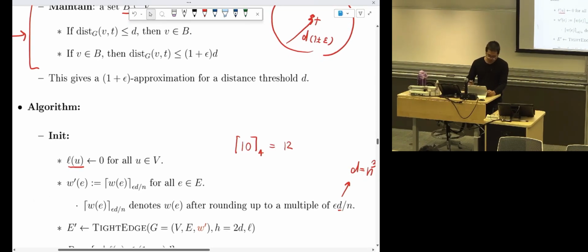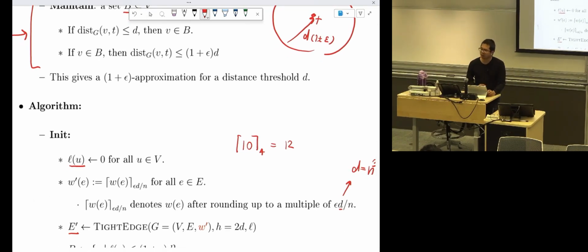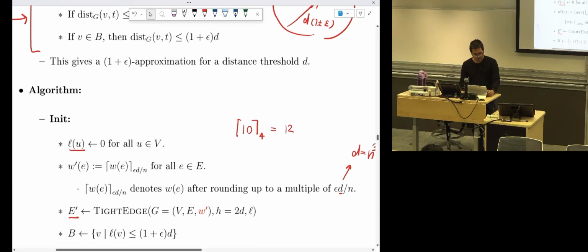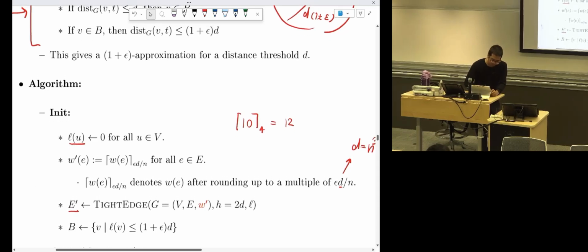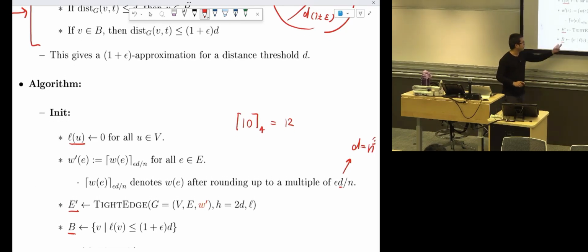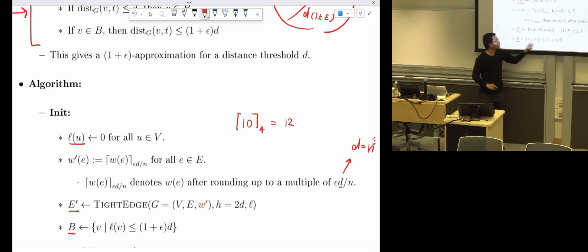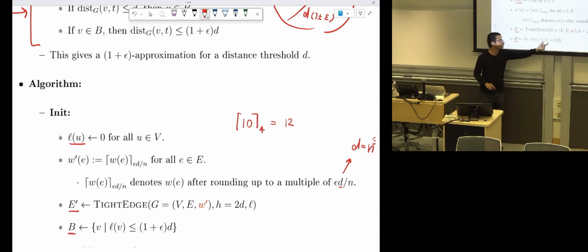And what I'm going to do is just maintain tight edges again. So we think we have a tight edge. And my set B is just going to be all vertices whose level is at most 1 plus epsilon times d.